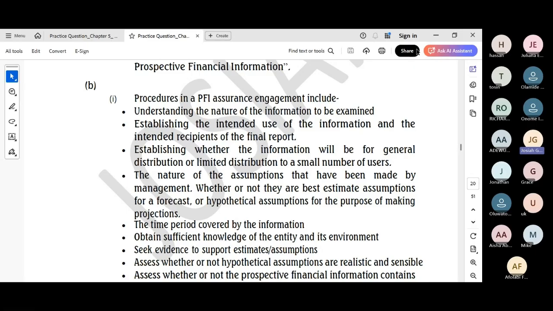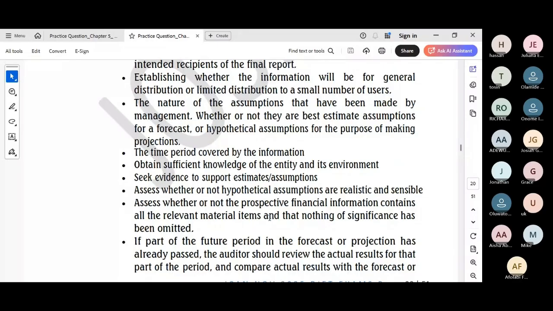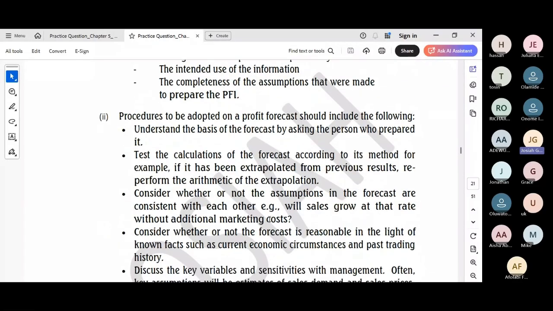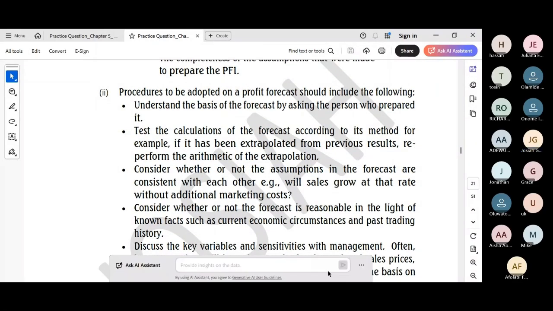And for the B2 part, the procedures should be more specific and analytical. It should be directly related to the figures in a profit forecast. This is where you demonstrate practical auditing skills.